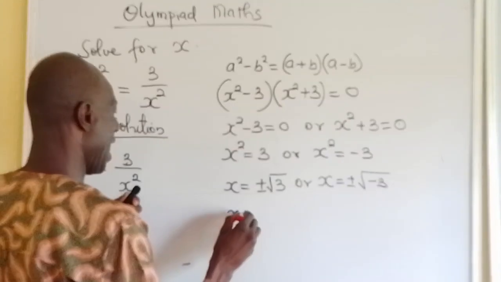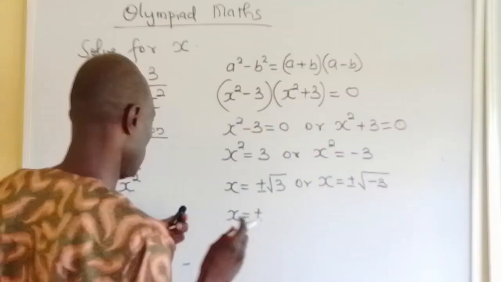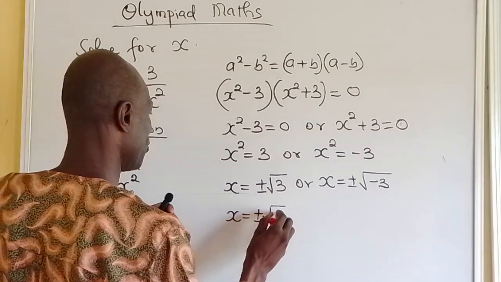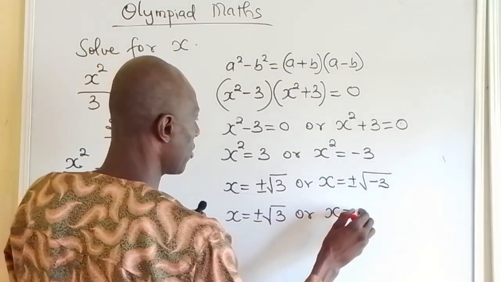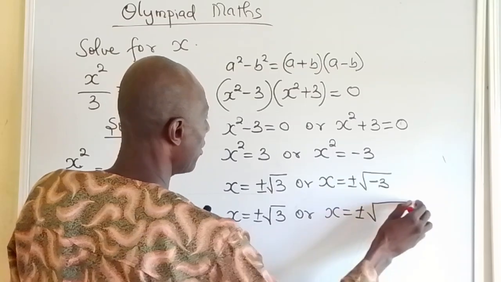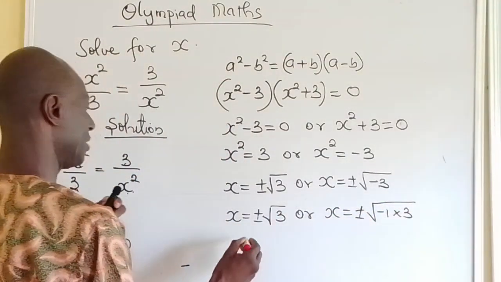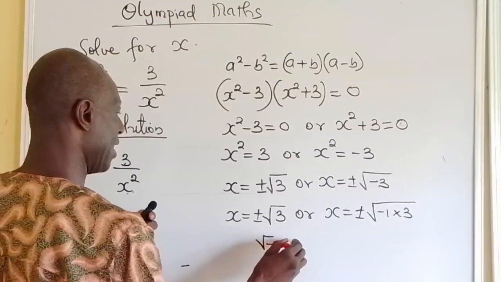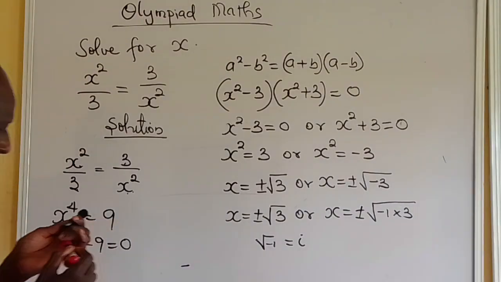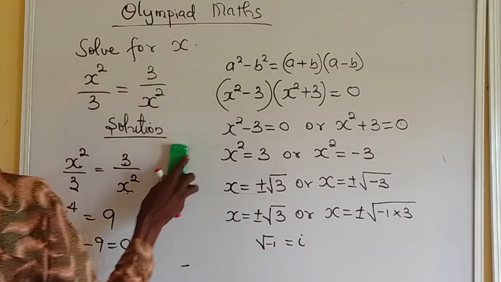So here x is equal to plus or minus the square root of 3, or x is equal to plus or minus the square root of minus 1 times 3. And take note, the square root of minus 1 is equal to i.